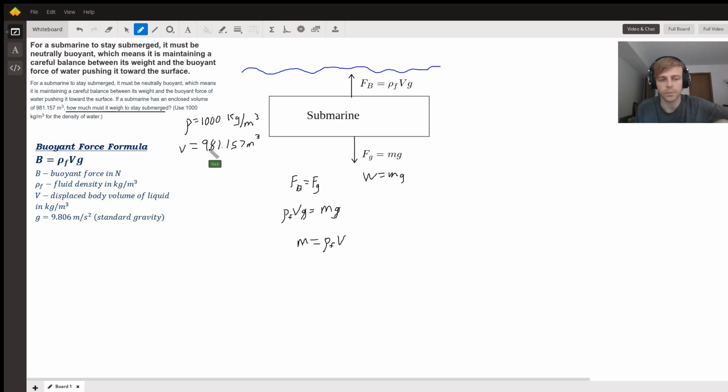It's 981.157 meters cubed. So multiply those together, you'll get a mass. That mass will be in kilograms because this is kilograms per meter cubed and this is meters cubed. Once you have that mass in kilograms, multiply it by g, and you have your weight. Hope that helps.